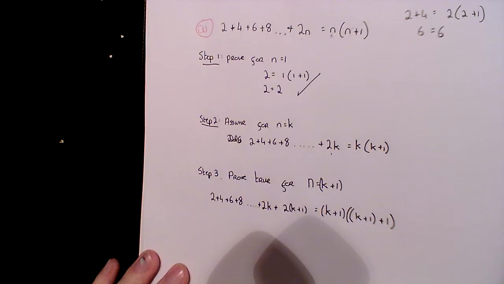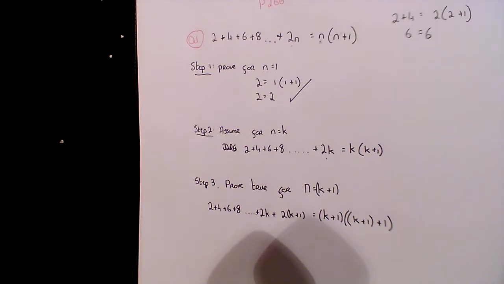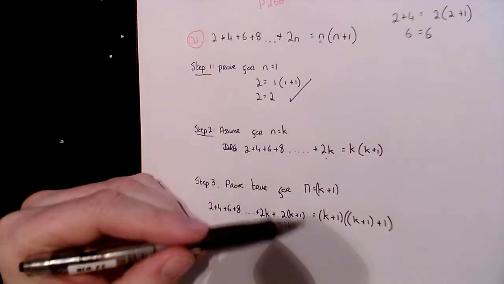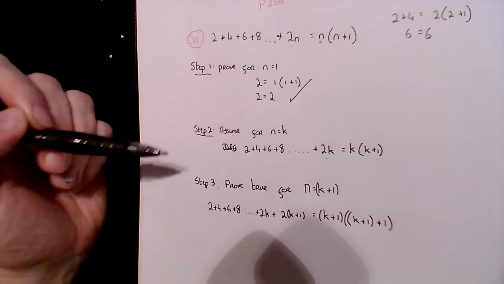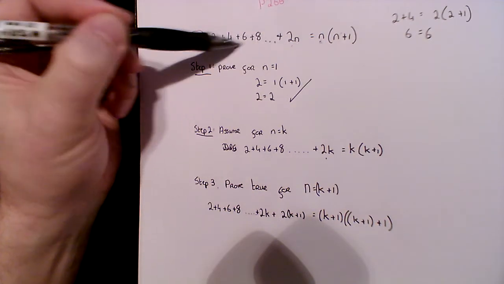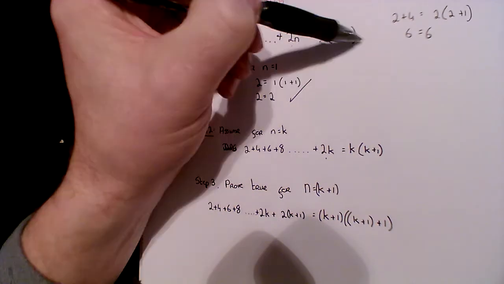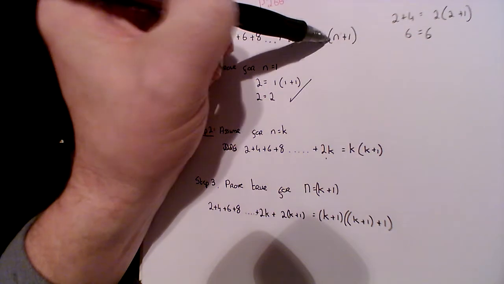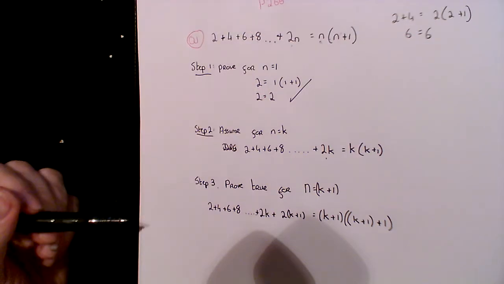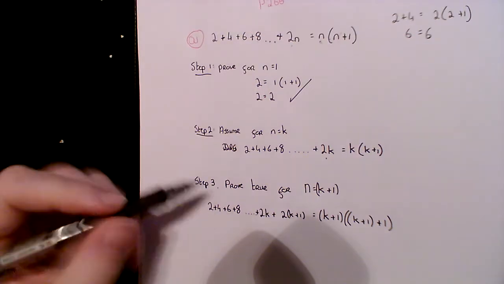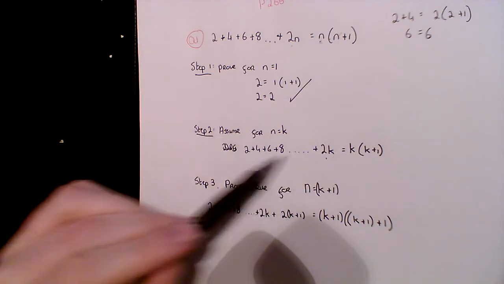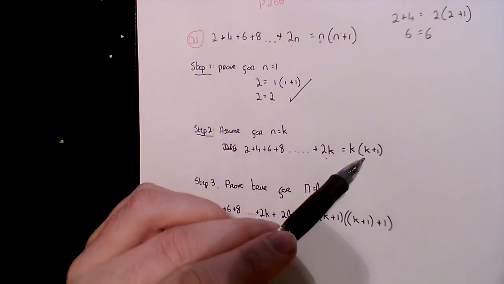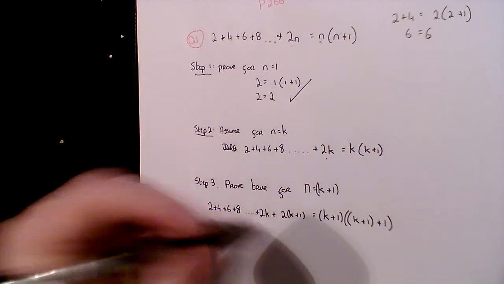I just put the brackets there to neaten it up a bit. Now, if I can prove that all of this is the same as all of this, then I'm after proving that this here equals all of this, no matter what number I put in for n. Okay, so I'm going to look back at this assumption I've made, and I've assumed that all of this is the same as this. Well, look at this.